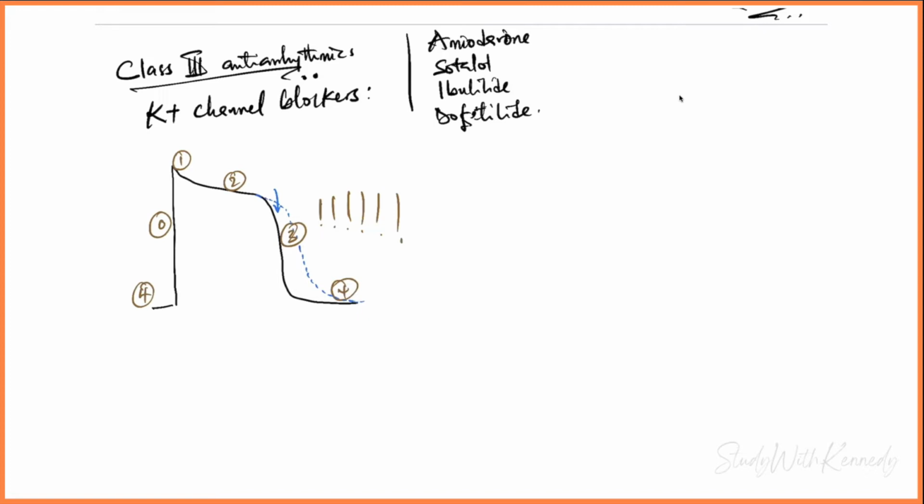So there's slower movement of potassium, meaning that the myocardial cell is going to come slower to resting potential. What do we call this phase? This is the repolarization phase. So there will be prolonged. The first effect of these medications you want to know is that there's prolonged phase 3 repolarization.